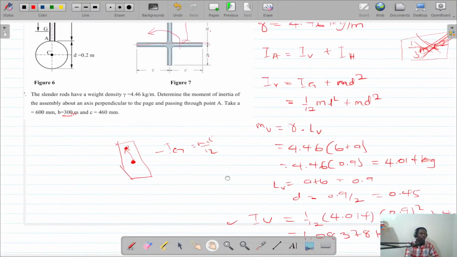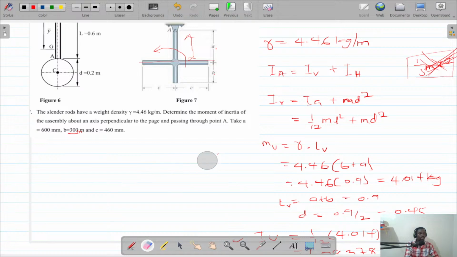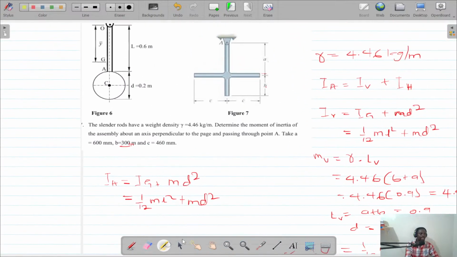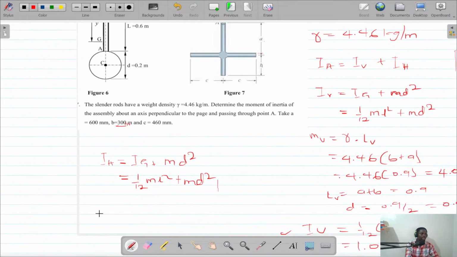So for the horizontal rod, IH should be equal to still IG plus MD squared, and IG is still 1/12 ML squared, plus MD squared. Now the mass of the horizontal rod will be equal to gamma times the length of the horizontal rod.